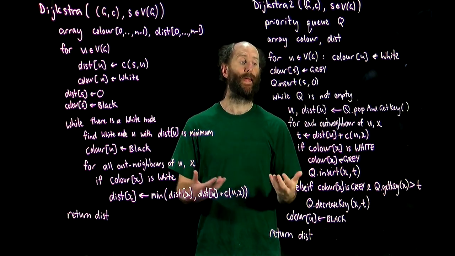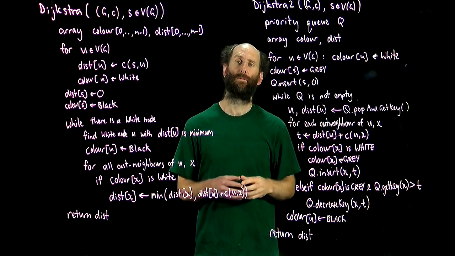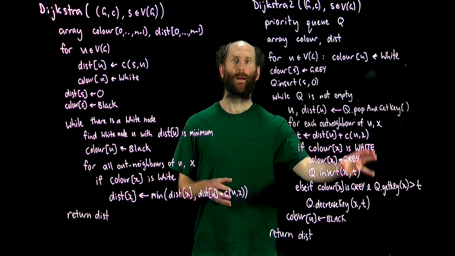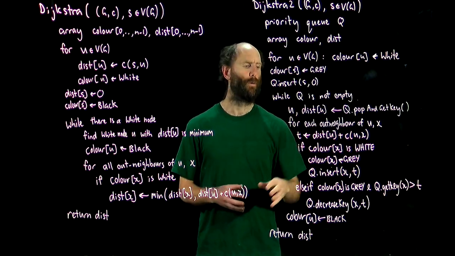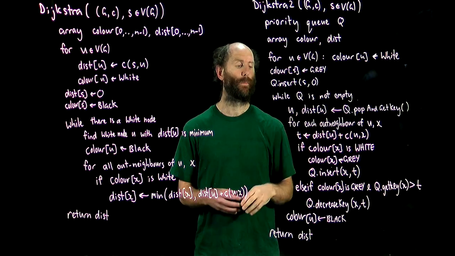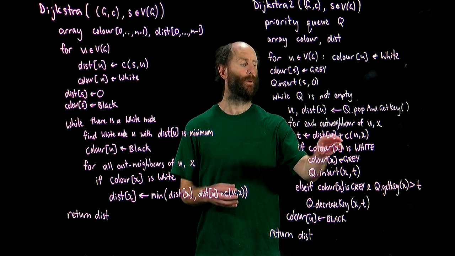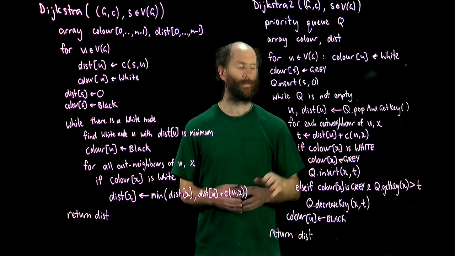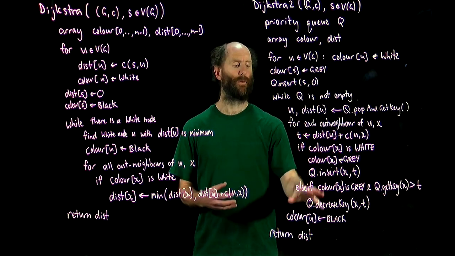Remember, the key in this priority queue is the shortest path through only black nodes. Now here we visit each out neighbor x of u. So at the top of this loop, we calculate the length of the path through u and onto x. We'll call that length t, and we've got two cases.